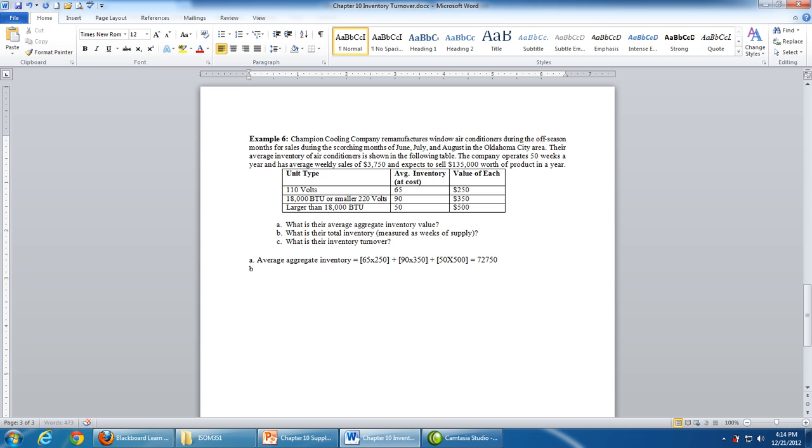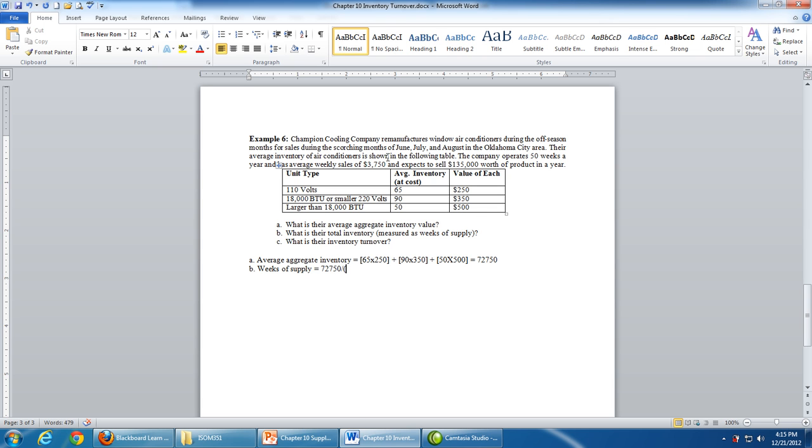Okay, now let's do part B. Part B asks for the total inventory in terms of weeks of supply. Weeks of supply is equivalent to average inventory divided by weekly sale.